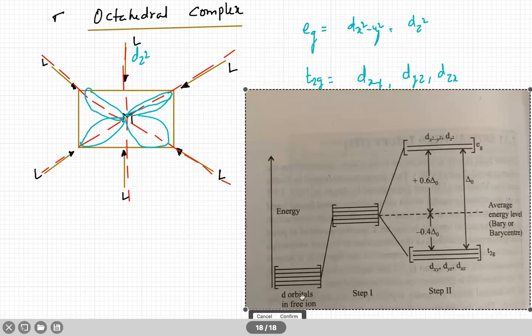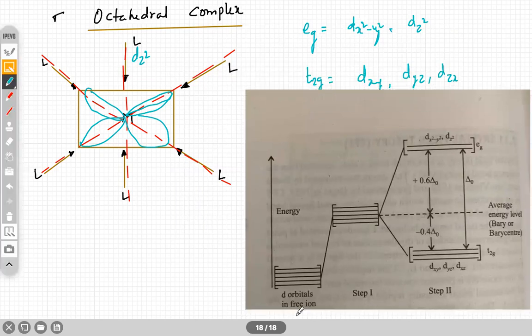See what happens here. The y-axis is the energy, and the x-axis is the distance decreasing between the metal and ligand. Going left to right means ligands are coming closer to the metal. So on the x-axis you write down: distance decreases between the metal and ligands.